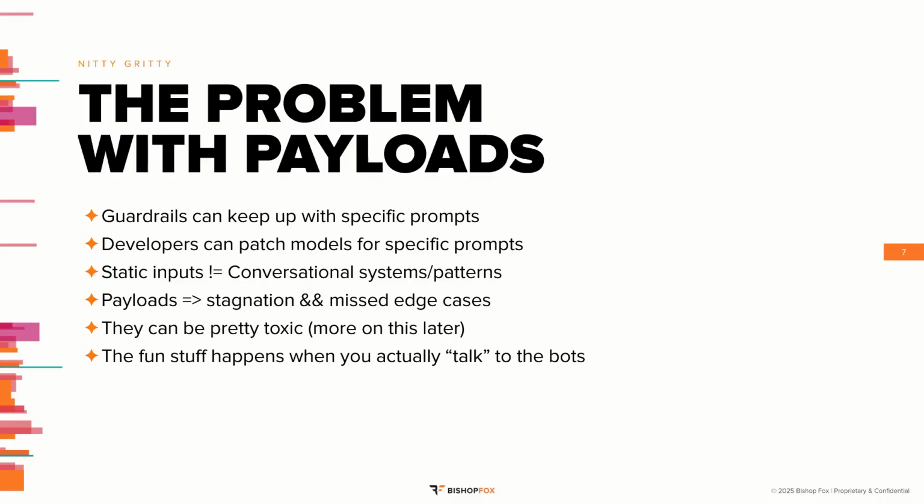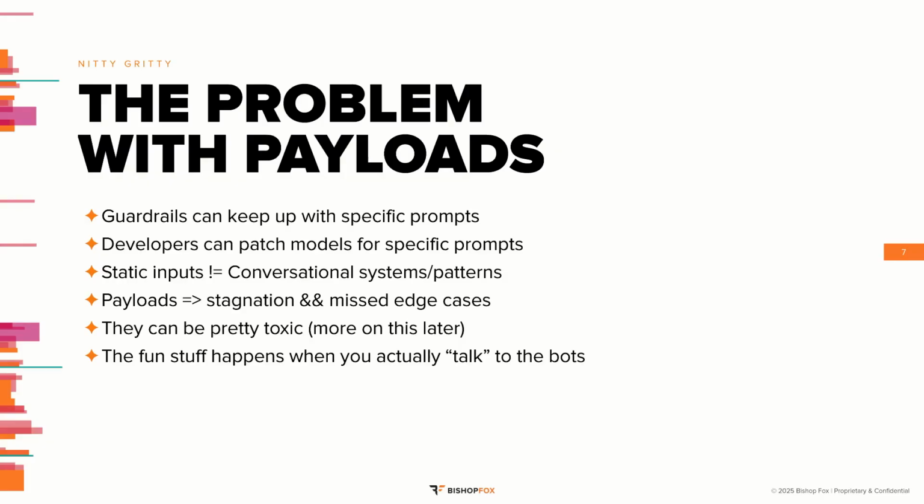So here are the specific problems, to illuminate it more. The industry as a whole implements guardrails that try to keep these things in check. But the problem is that guardrails can keep up with specific prompts.